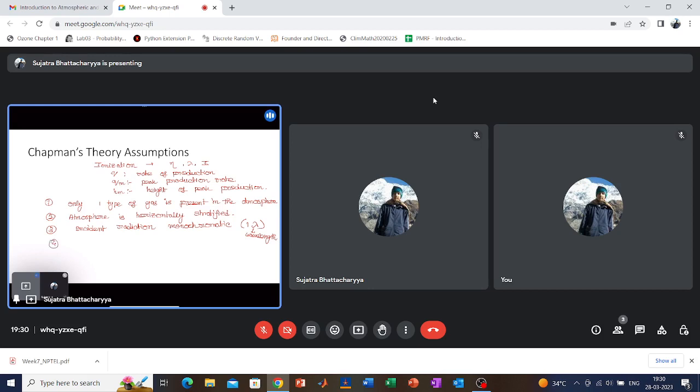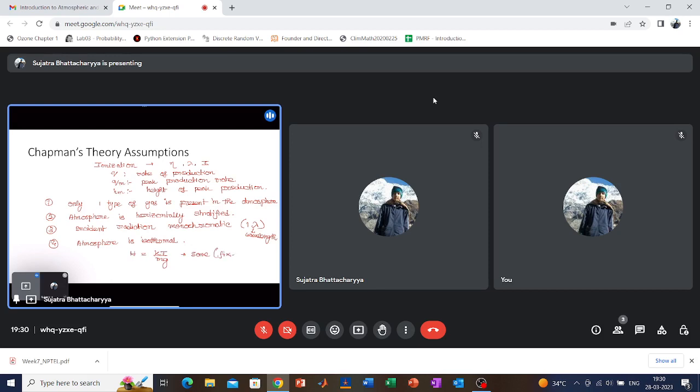Now the fourth is that the atmosphere is isothermal. Why am I taking this assumption? Because H is equal to kT by mg, which is then fixed.